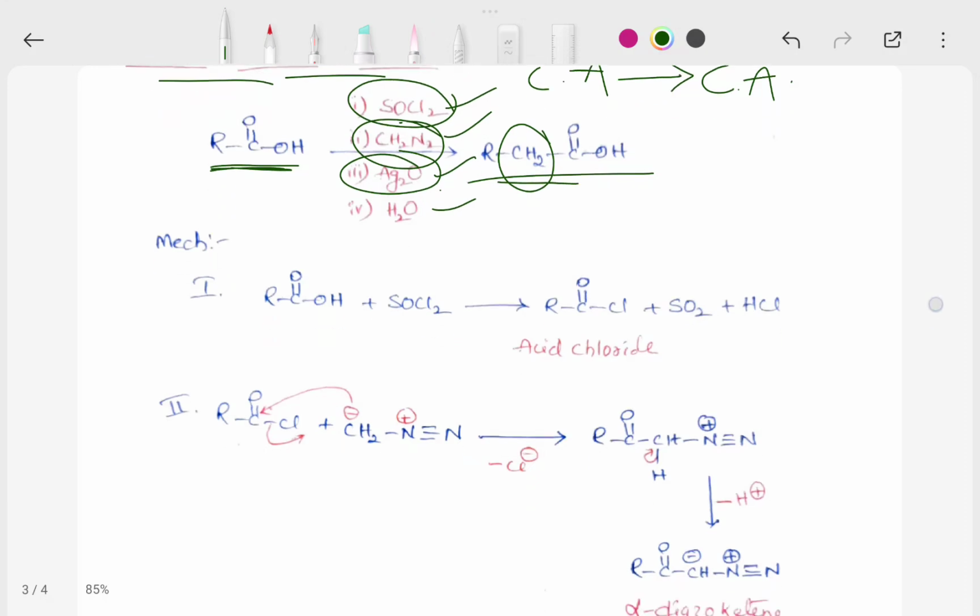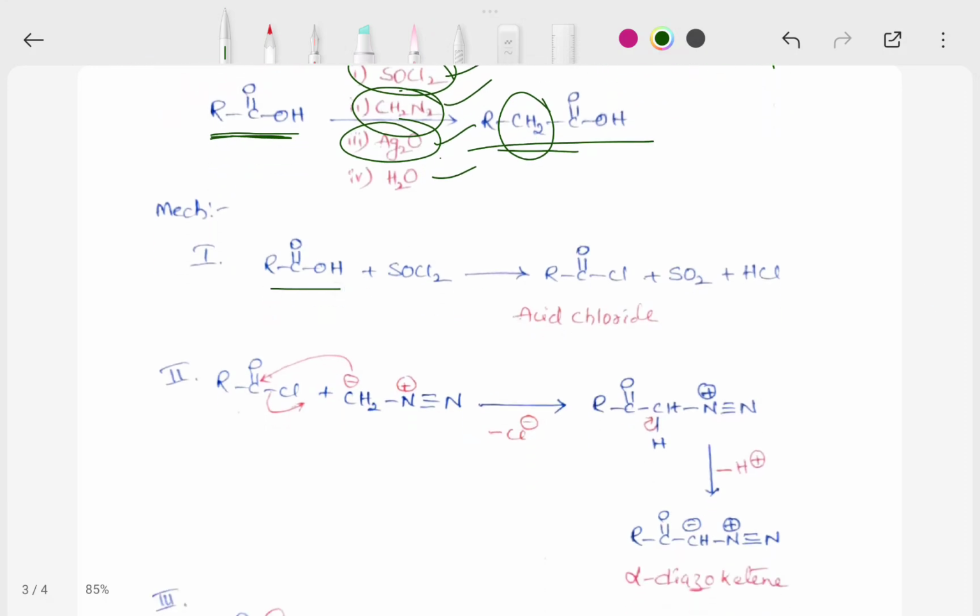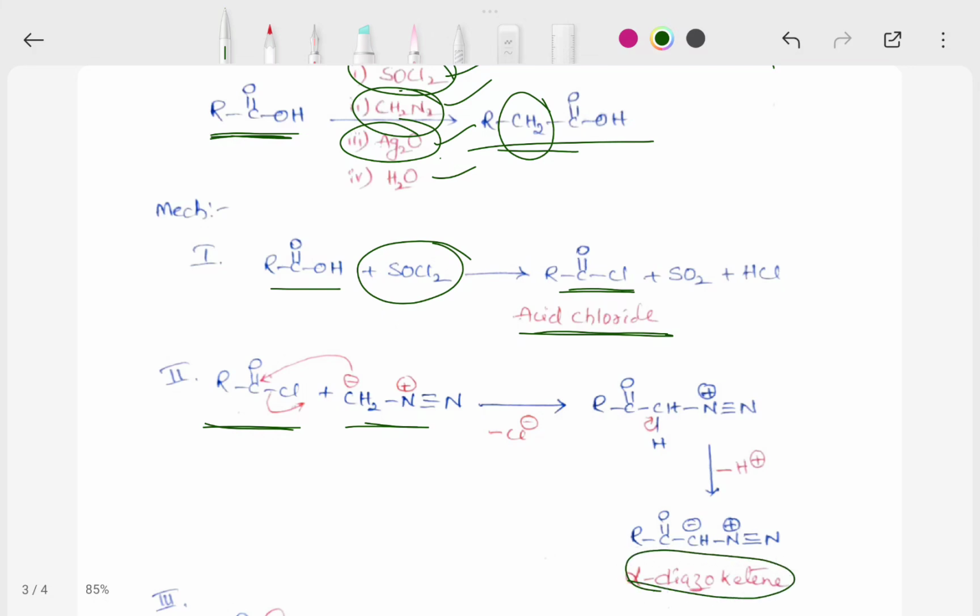In this mechanism, in the first step, the carboxylic acid reacts with thionyl chloride and forms an acid chloride, RCOCl. In the second step, this acid chloride reacts with diazomethane and forms an alpha diazoketone.